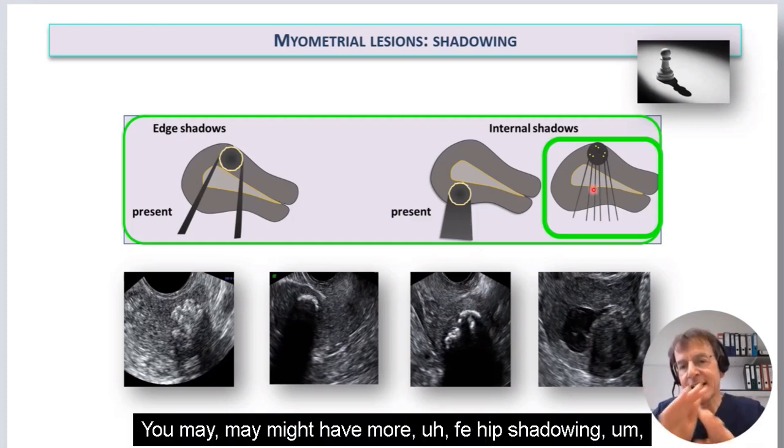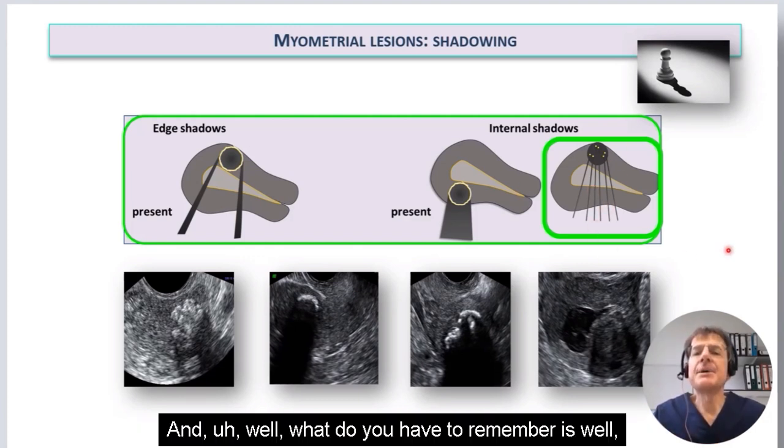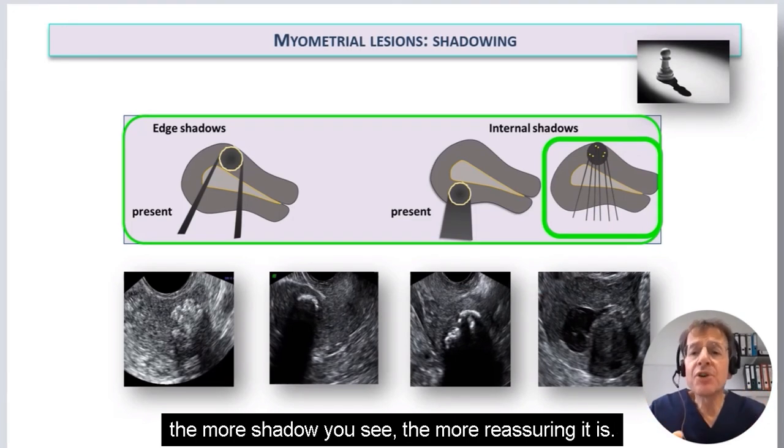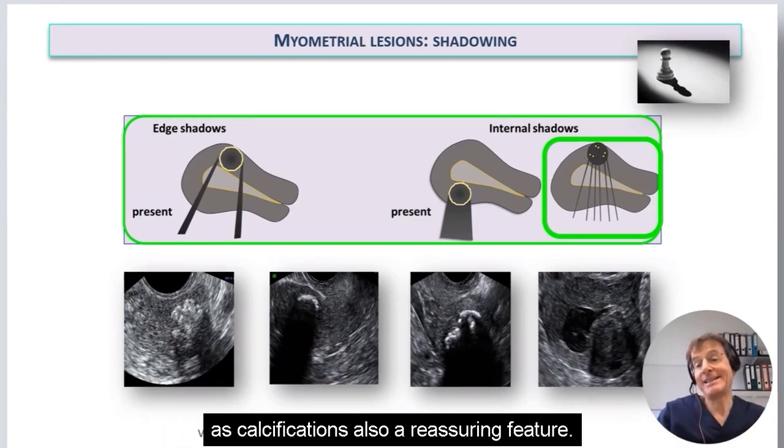You might have more fan-shaped shadowing behind the lesion. And what you have to remember is, the more shadow you see, the more reassuring it is. So shadowing is quite a reassuring feature, just as calcification is also a reassuring feature.